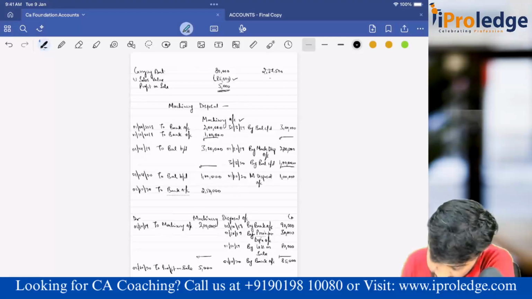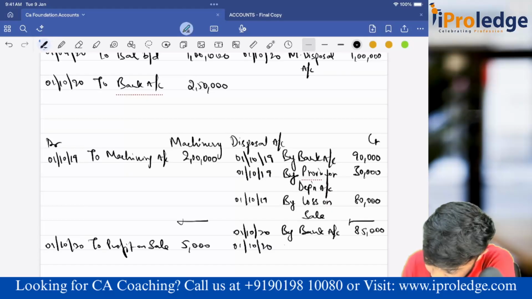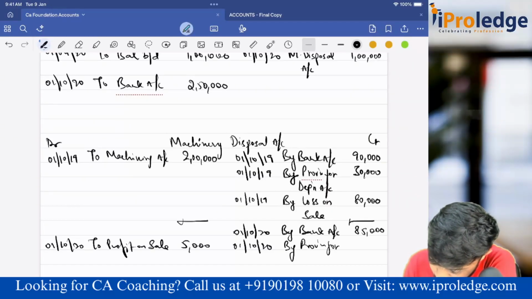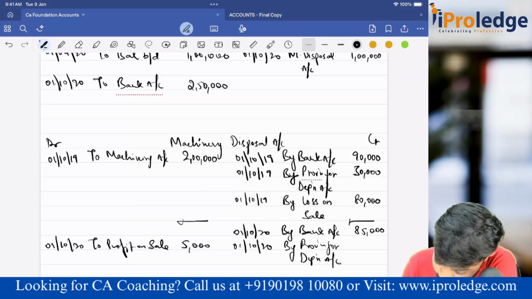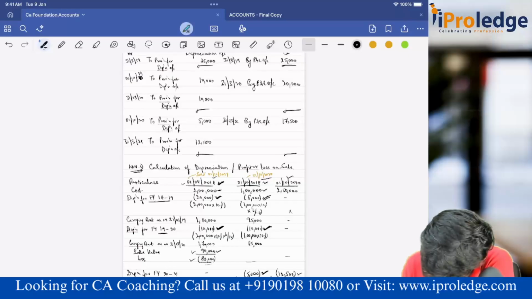So it will come in machinery disposal account, 1-10-20 by provision for depreciation account. Till date was 5, 10, 15, 20.